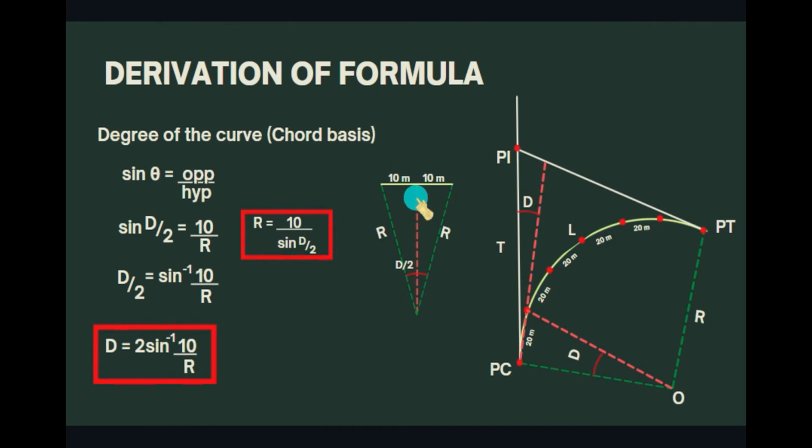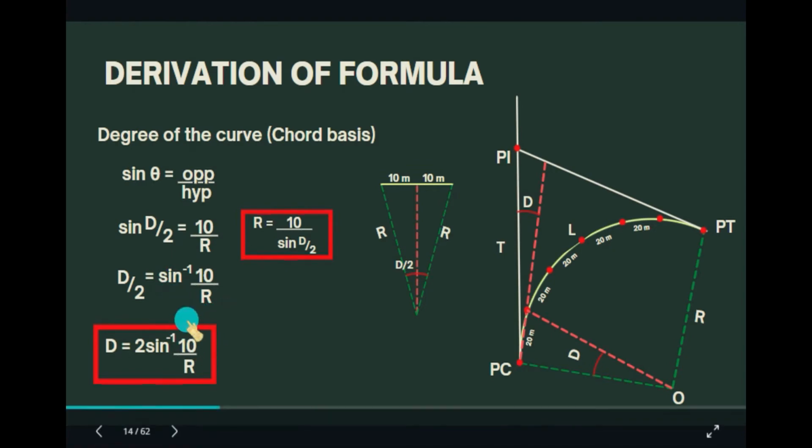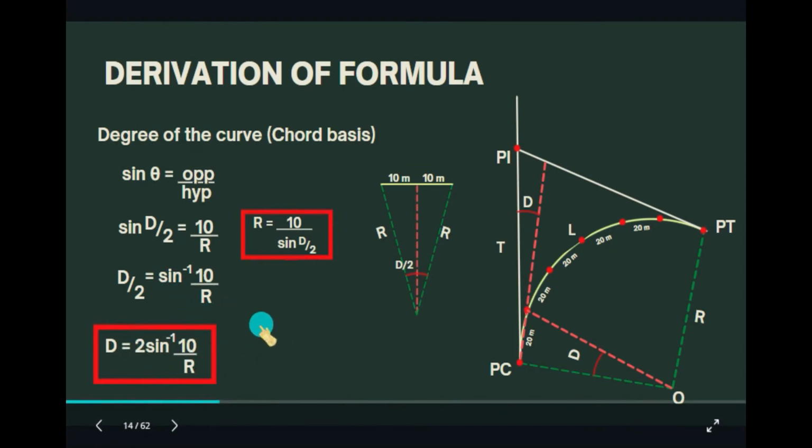With this, we can use the property of sine theta equal to opposite over hypotenuse. Our theta here would be D over 2, and the opposite would be 10 over the hypotenuse, which is R. We can transpose the terms and get a final equation of D = 2 arcsin(10 over R).